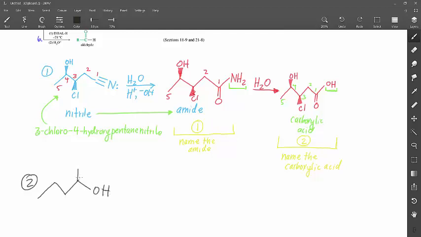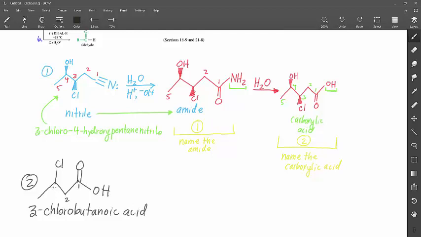OH, double bond O, Cl, and I'll give you a hint, this is 3-chlorobutyric acid.